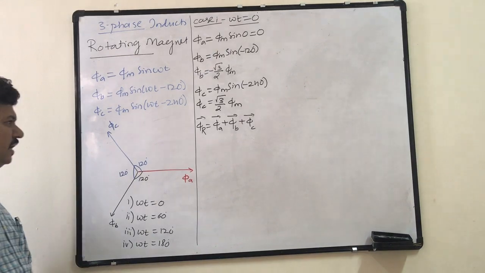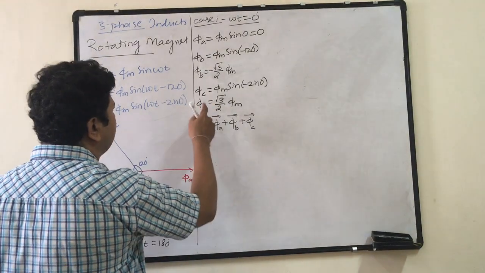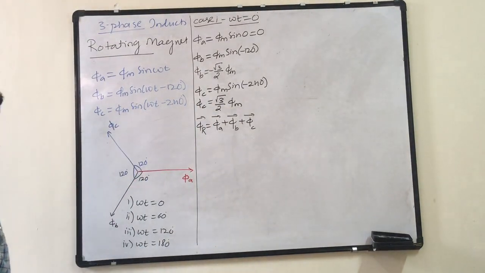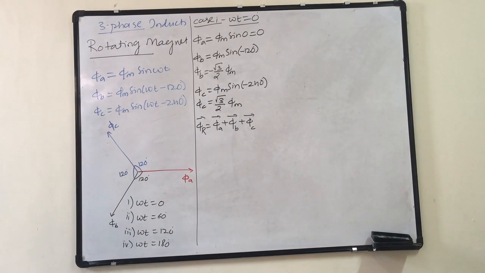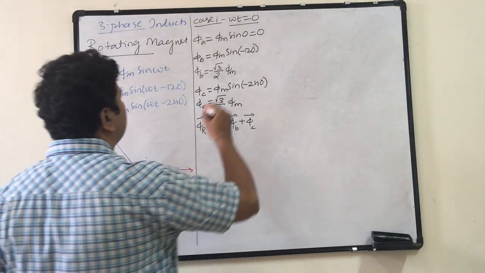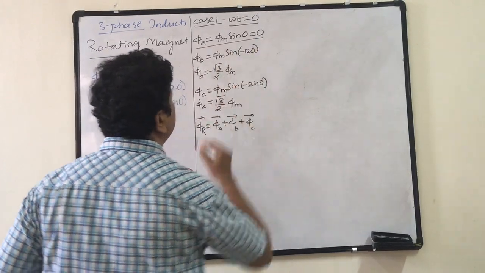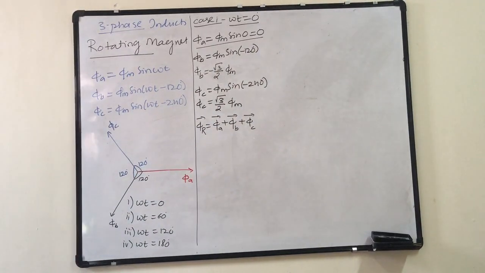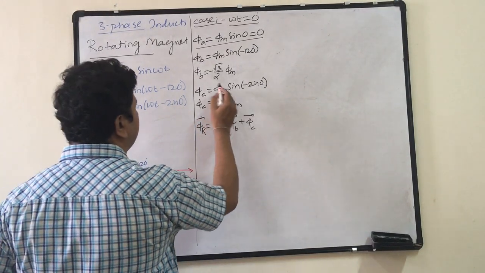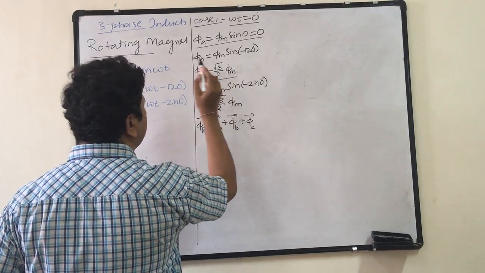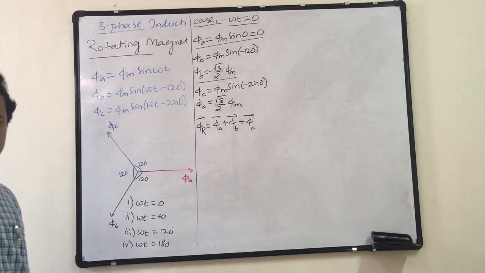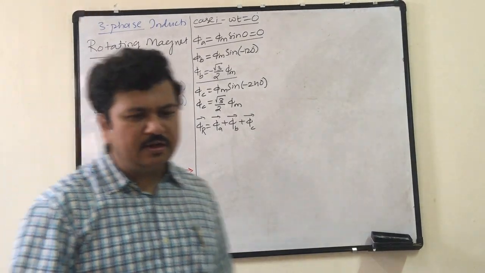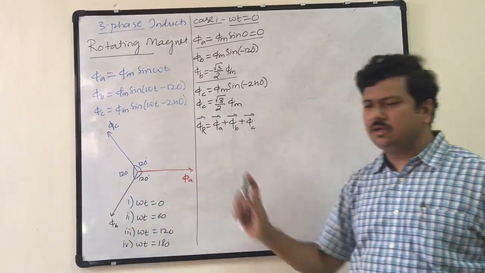Now I have to place the position of the three vectors phi a, phi b and phi c with respect to these equations. We have phi a equals 0, so the vector of phi a will not come into the picture. I got phi b equals minus root 3 by 2 phi m. What does the minus sign indicate in the vector? The direction of that vector is opposite to that of the original vector.